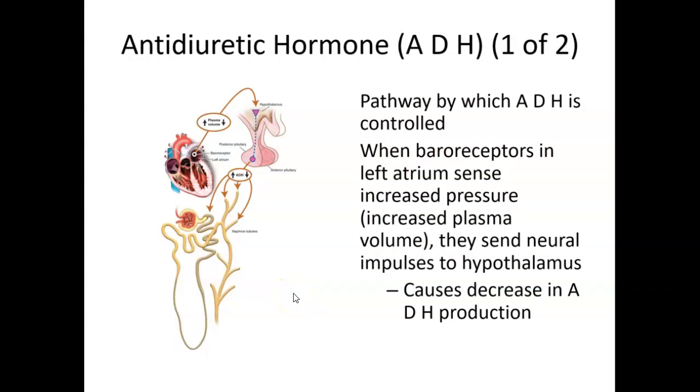Your antidiuretic hormone is a hormone that's released by the hypothalamus, and it's controlled by baroreceptors that are located in your left atrium. So there are baroreceptors, or receptors that sense pressure in that left atrium, that are going to send impulses to the hypothalamus to either increase or decrease ADH production.